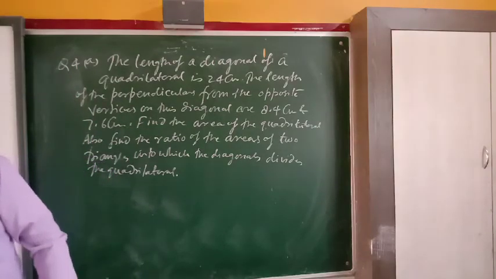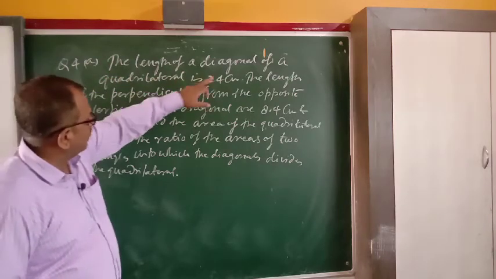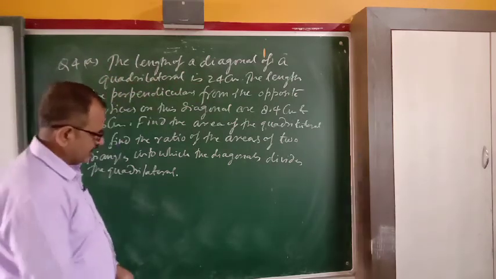Question number 4, first part. See again the question. The length of a diagonal of a quadrilateral is 24 centimeter.